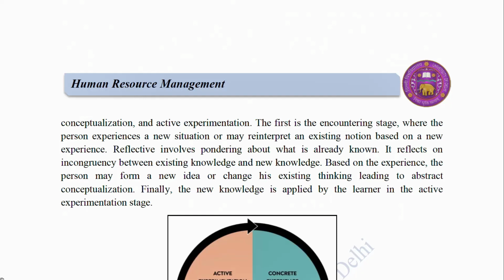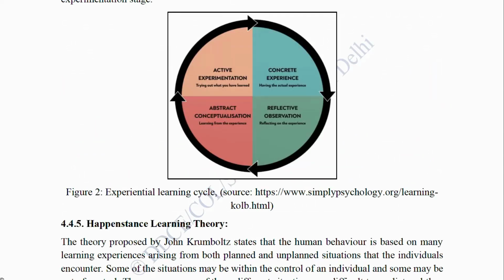Based on the experience, the person may form a new idea or change his existing thinking, leading to abstract conceptualization. Finally, the new knowledge is applied by the learner in the active experimentation stage. Figure 2 explains the experiential learning cycle.